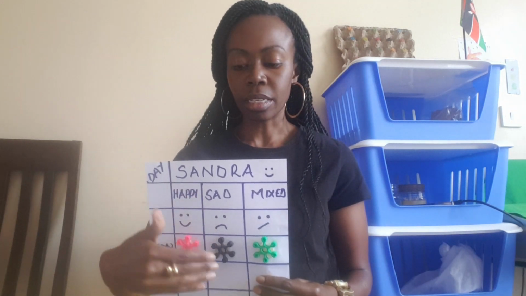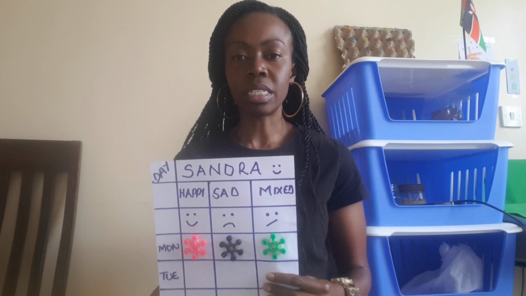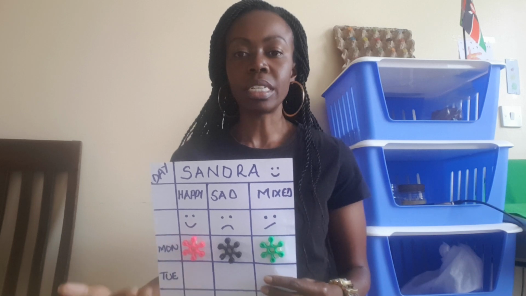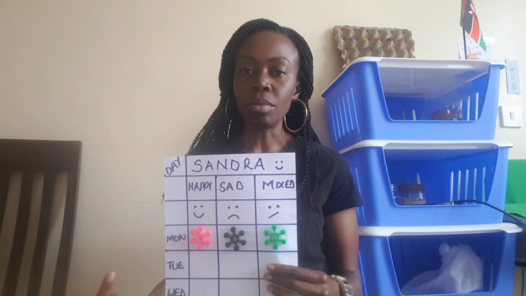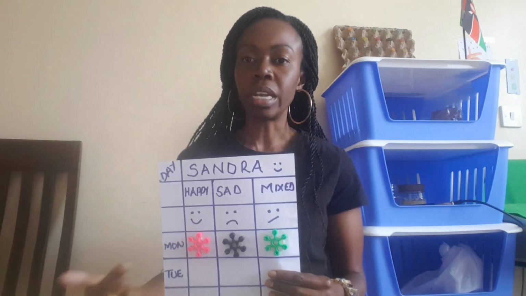But in the case of the example we gave of Sandra, where her friends didn't approach her to play with her, you can take that opportunity to also teach Sandra: next time, how about you also try to approach your friends and ask if they would like to play with you?